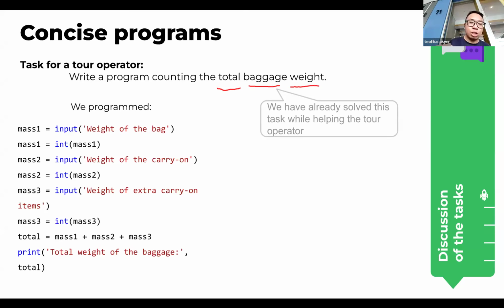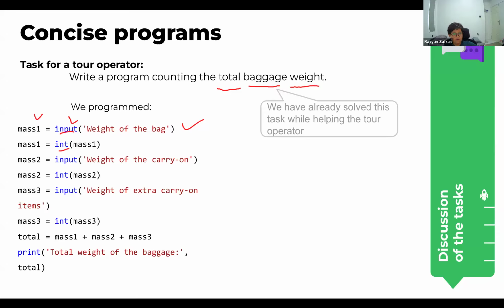Because you want to count the total baggage, first thing first, you have to prepare a new variable along with a question asking the user how much is the weight of something, right? You got it? Yeah. And the first one is going to be the bag. Then after we use input, you're going to use integer. Why do we have to do that? Do you know why?